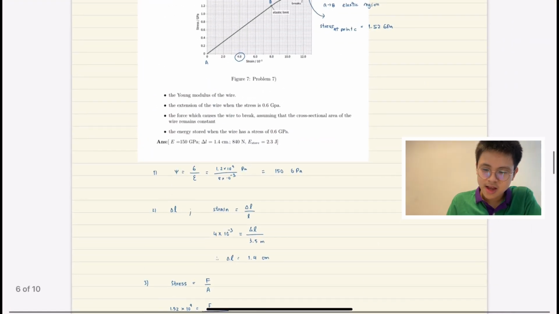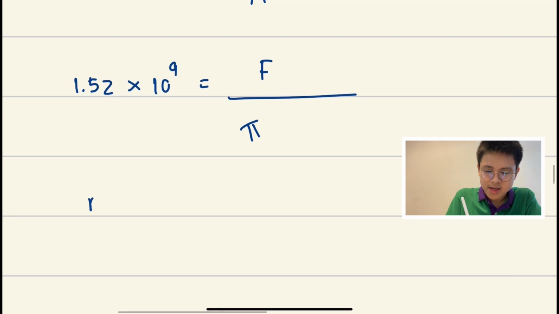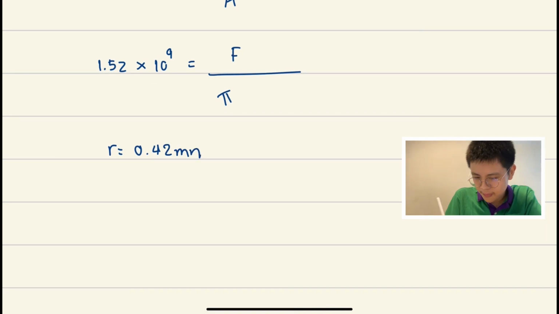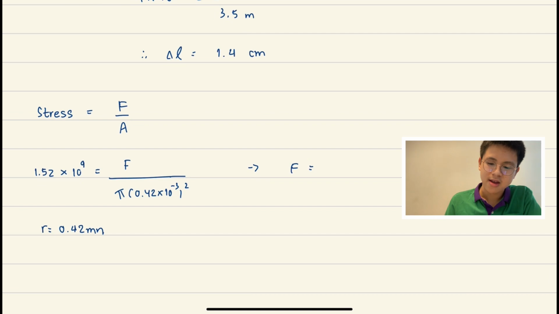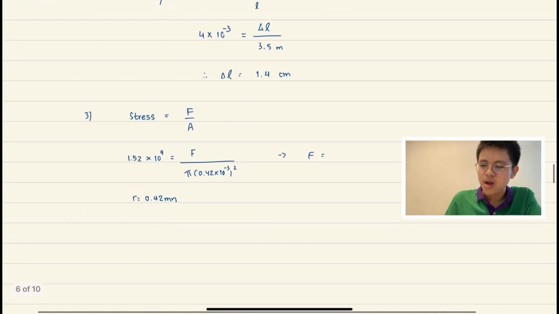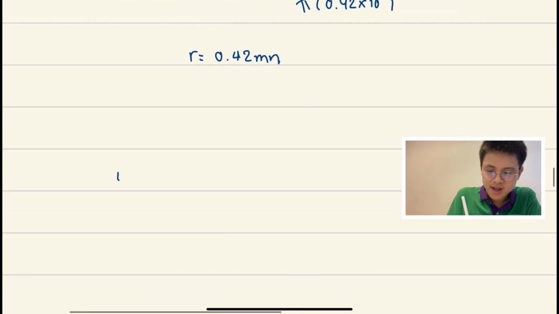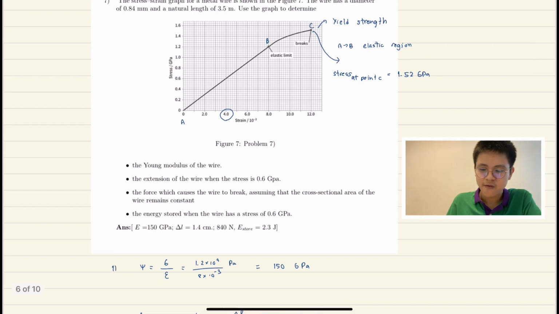And we know that the diameter is 0.84, so the radius is 0.42 millimeter. And we calculate it and we get F equal to 840 Newton.